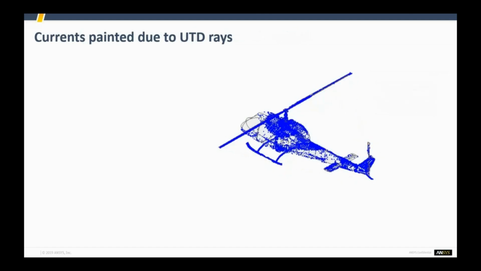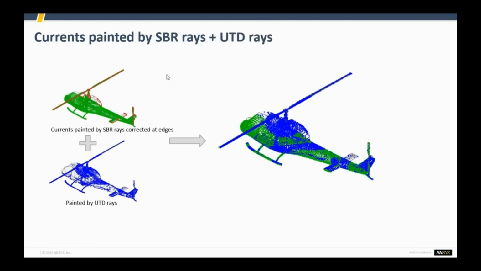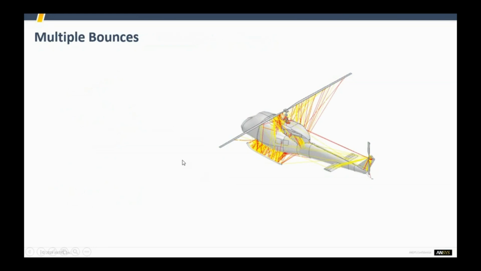So the currents will be painted by the UTD rays. The currents painted by the SBR rays, corrected at the edge, plus the currents painted by the UTD rays will be summed together and give a whole plot of the painted currents.